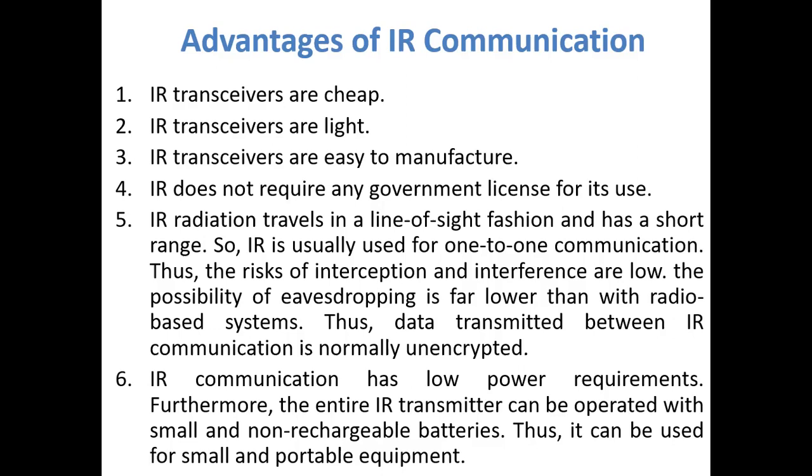So in another room of the same house, there can be another TV and another remote control, but there won't be any interference. When you are using two remote control systems in two different rooms, there is no possibility of interference because both are using line of sight communication over a short range.